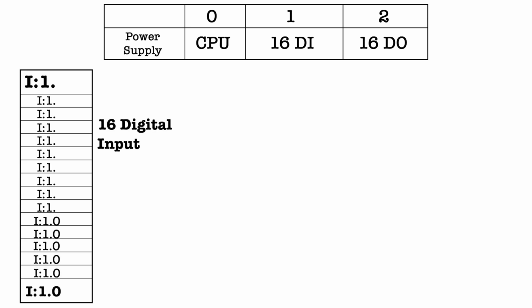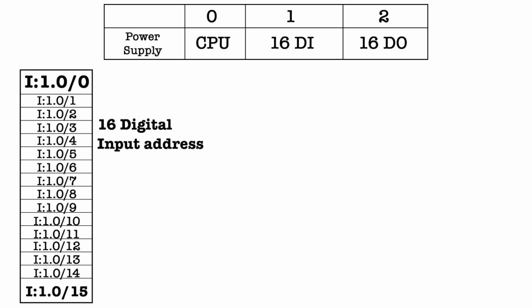So for the digital input addressing, you can see here I, colon, since this is a digital input we assign it I, colon is the separator, 1, since it is connected to the first section of your slot, dot, then 0, since we are using the first word, slash 0. It ranges up to I:1.0/15, since we have to address 16 digital input addresses.